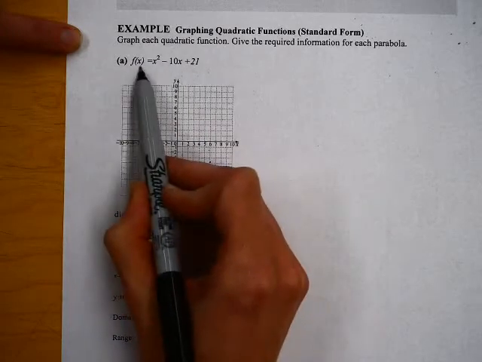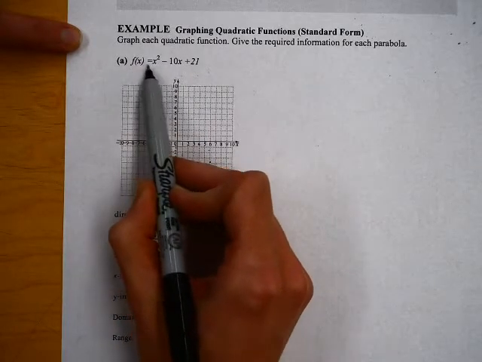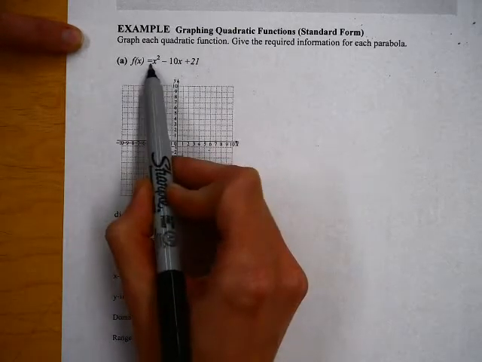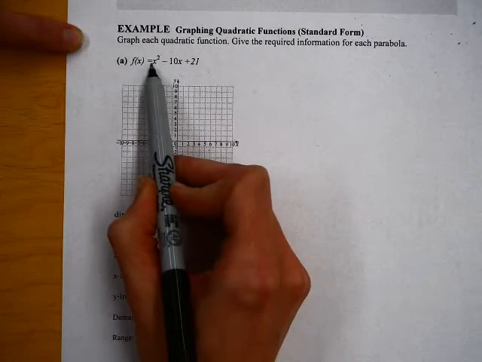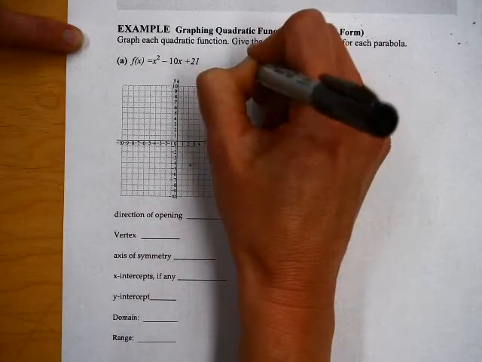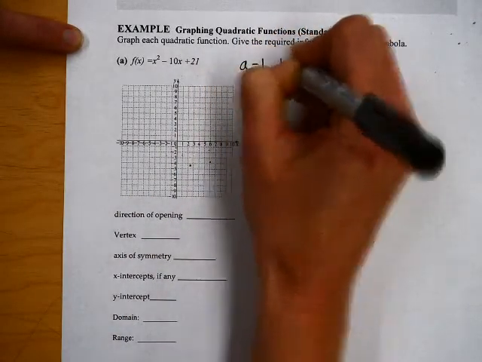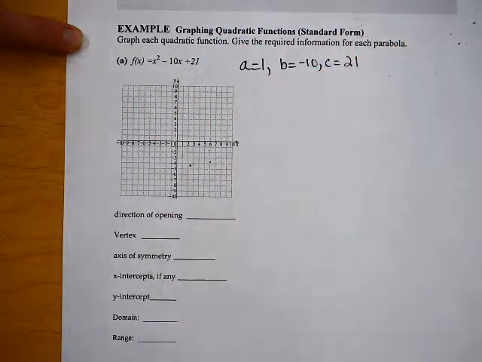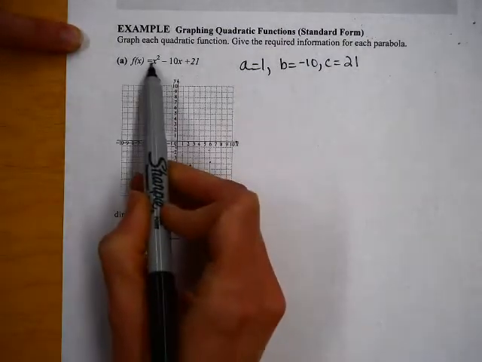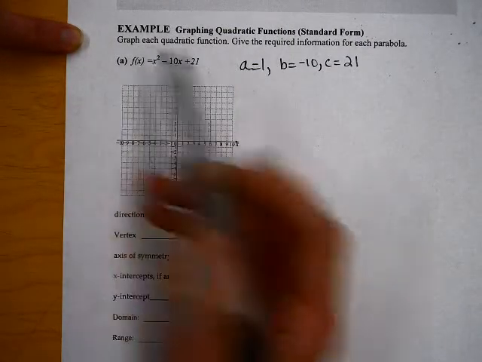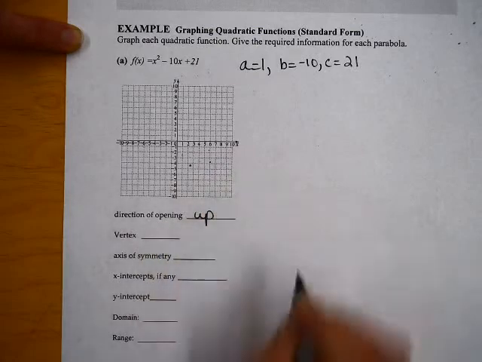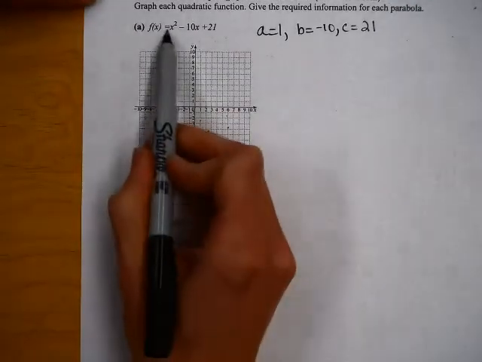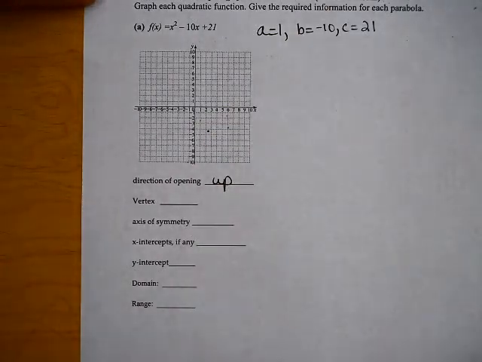So we have f of x, which is the same thing as y, equals x squared minus 10x plus 21. First, I notice my a is understood to be a positive 1, so let's list that. b is negative 10, and c is positive 21. And since my a is positive, this parabola should open up. So we've answered the first question: direction of opening, since a is positive, it should open up.